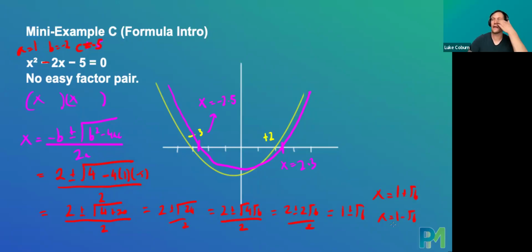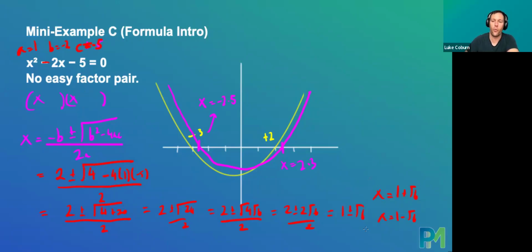And the square root of 6 is not a rational number, so it's a number that never repeats itself. It's one of these in-between numbers that we can't write as a fraction. So we would never guess that we could multiply 1 plus the square root of 6 by 1 minus the square root of 6 to give us 5, right? So we wouldn't guess that.